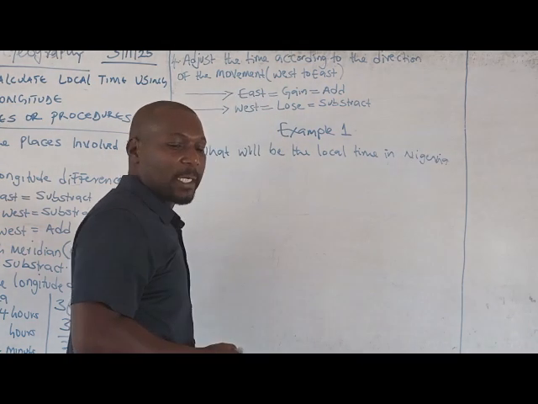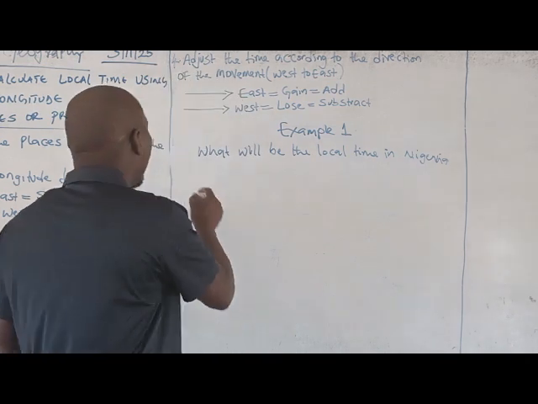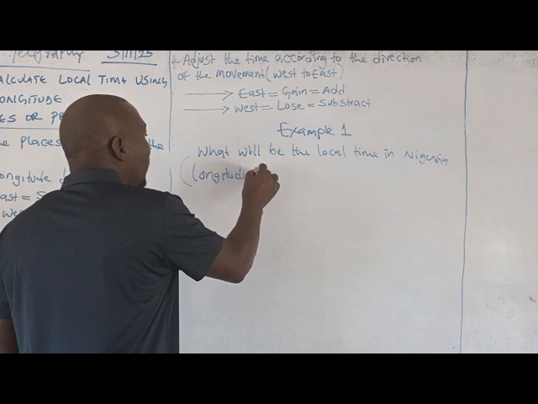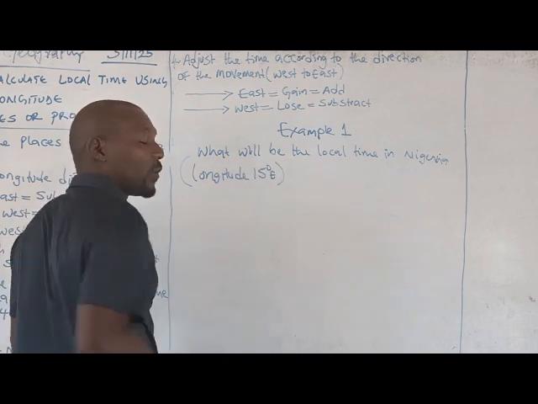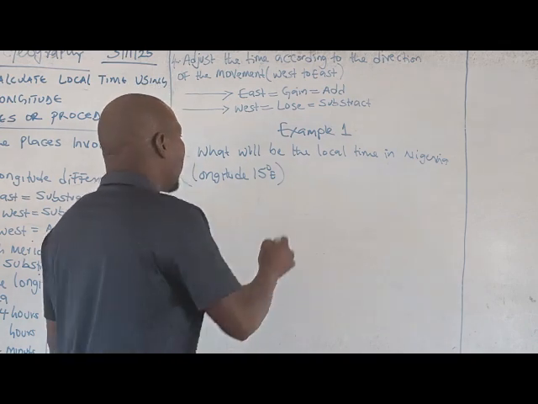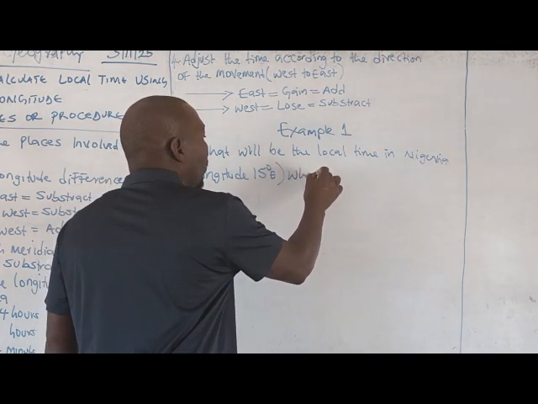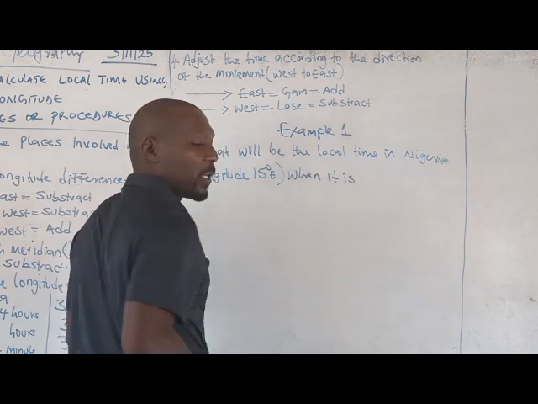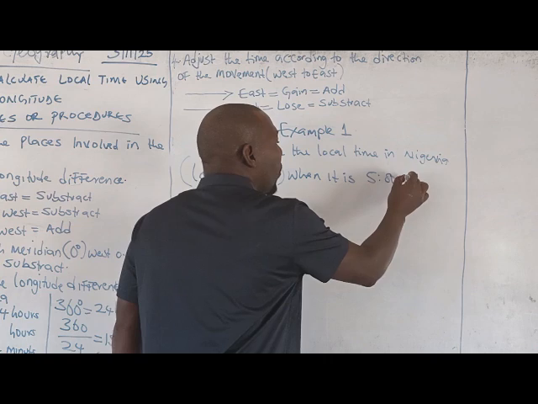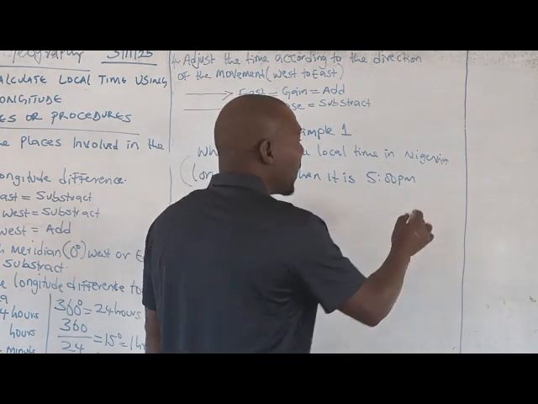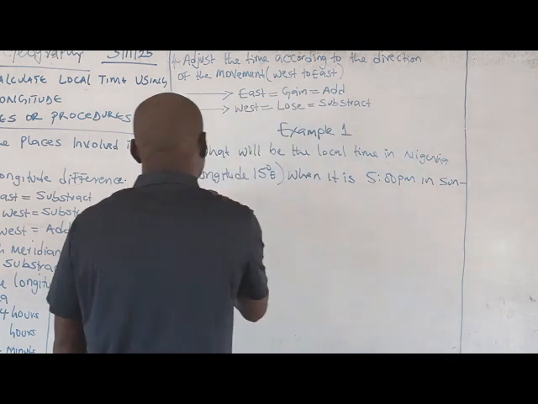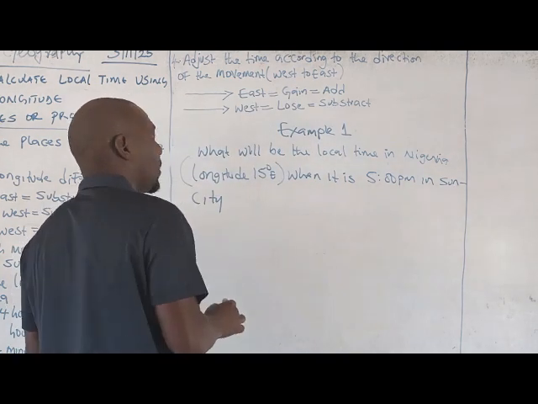What will be the local time in Nigeria with longitude 15 degrees east, when it is 5 p.m. in Sun City?